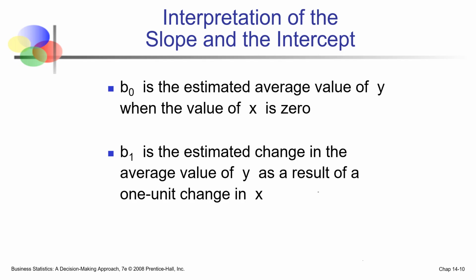I will explain in detail with a different example. For example, you want to establish a cost function. The cost function depends on the fixed cost and the variable cost. For example, the fixed cost is beta naught, the intercept, and the variable cost is B1.